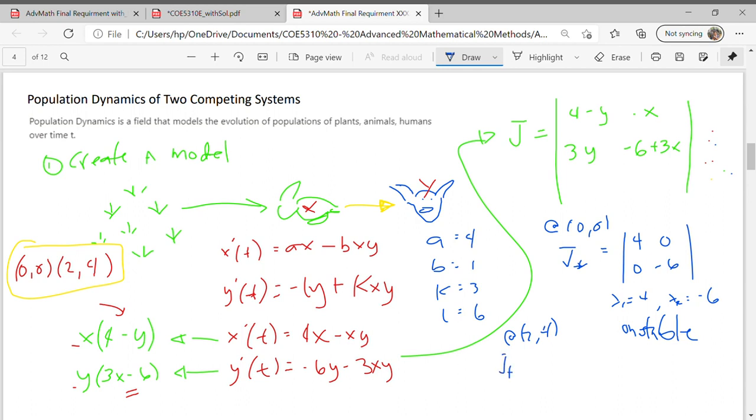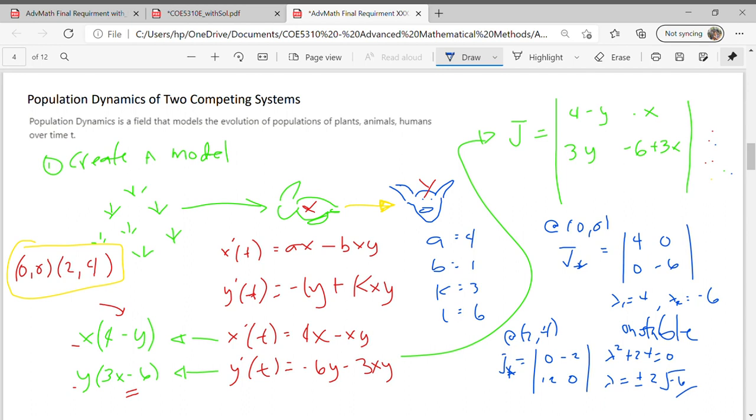Okay, at 2, 4, our Jacobian matrix is equal to 0, negative 2, 12, 0. So our eigenvalues here are positive or negative 2 square root of negative 6.